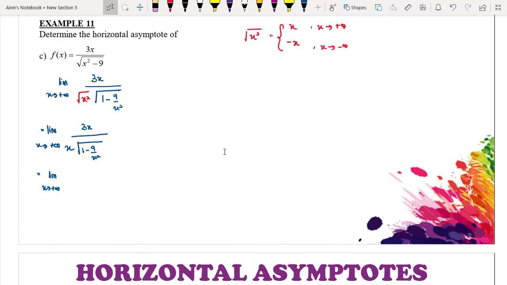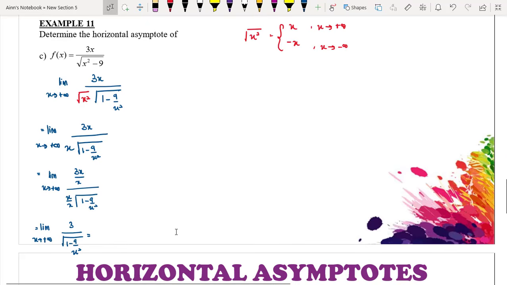We will have the limit as x approaches positive infinity of 3x over x, over x over x times the square root of 1 minus 9 over x squared. Simplifying, we get 3 over the square root of 1 minus 9 over x squared.